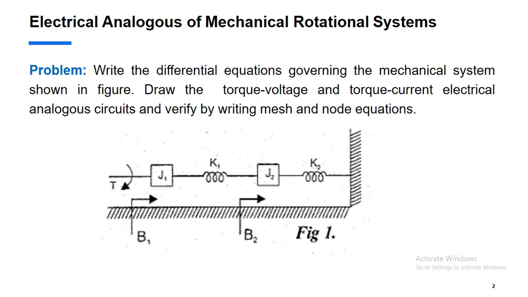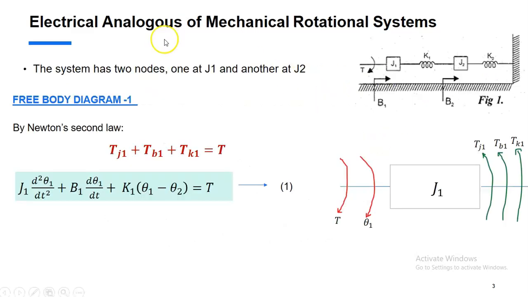So in this particular mechanical rotational system, we have moments of inertia, J1 and J2. This system has two masses, that is moments of inertia, J1 and J2. We have to draw a free body diagram at J1.